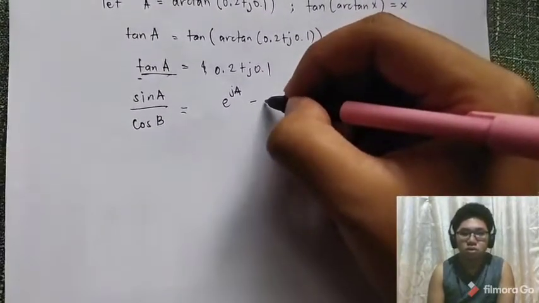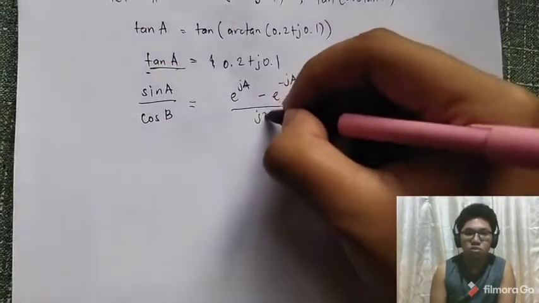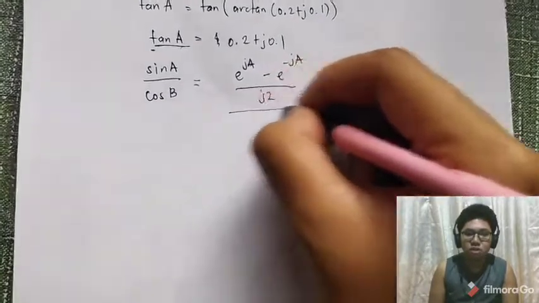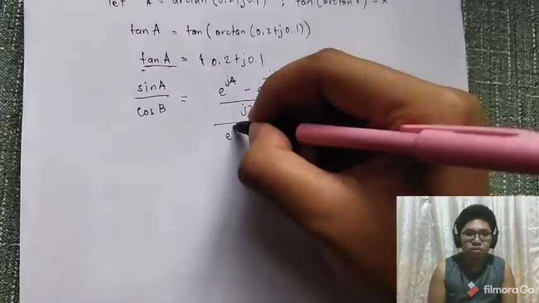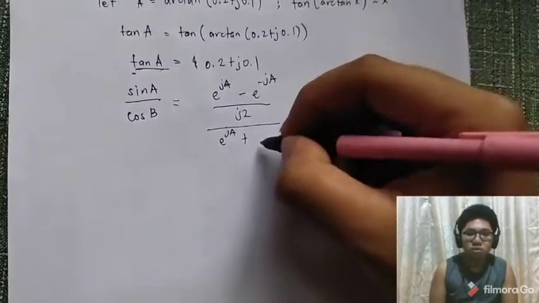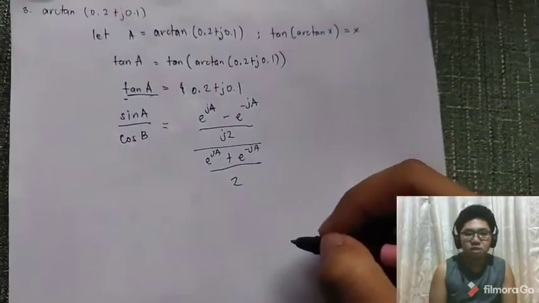So the sine of a is equal to e raised to ja minus e raised to negative ja all over j2. Then the cosine of a is equal to e raised to ja plus e raised to negative ja over 2.